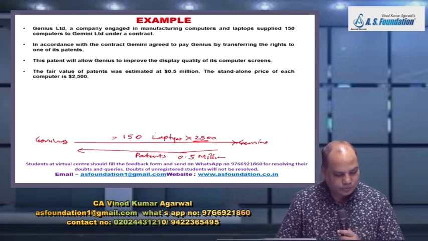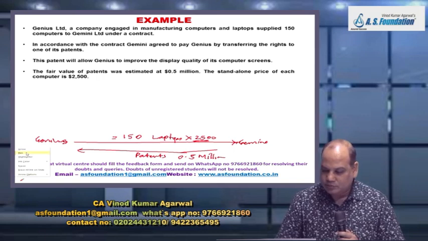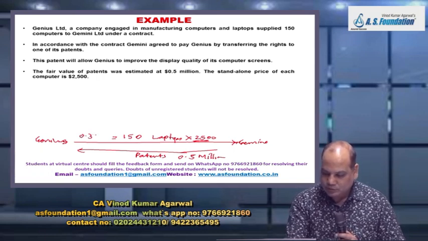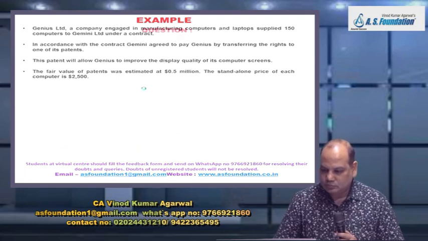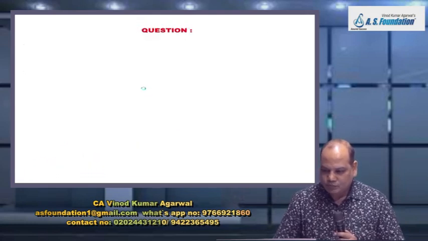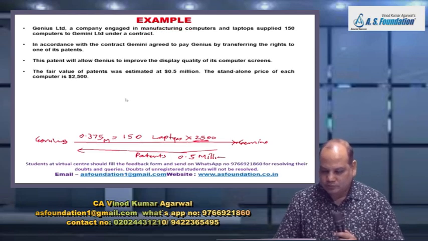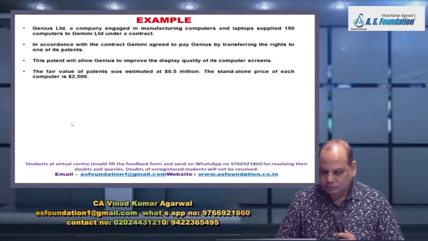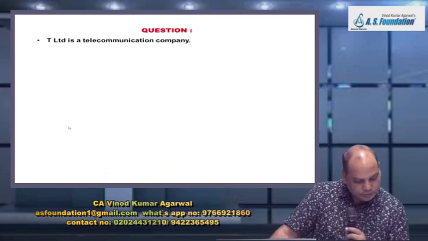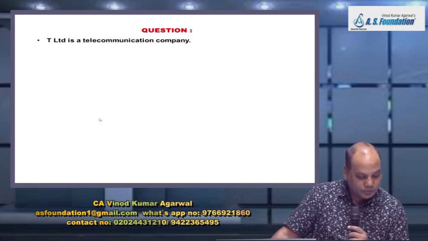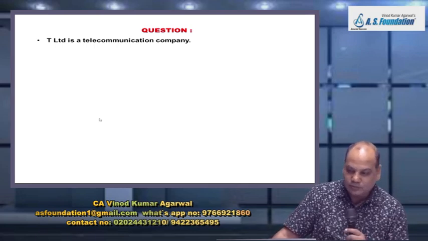How much it comes to? 0.375 million. Okay. So how they will recognize the revenue? Let us see. If the fair value of the patent was not available, then the valuation will be based on standalone price of the computer, that is 0.375 million.